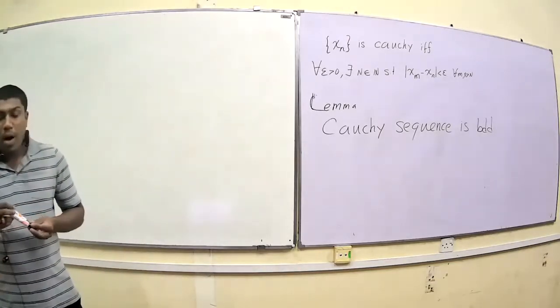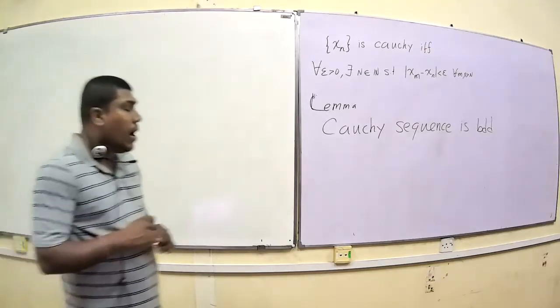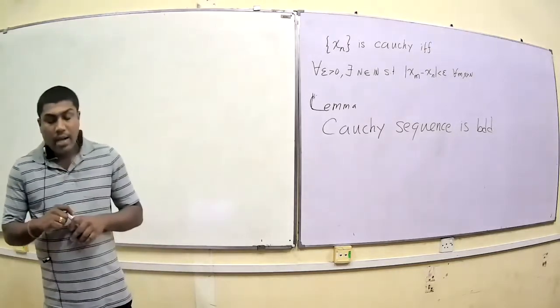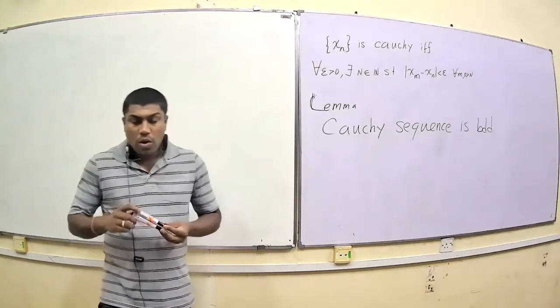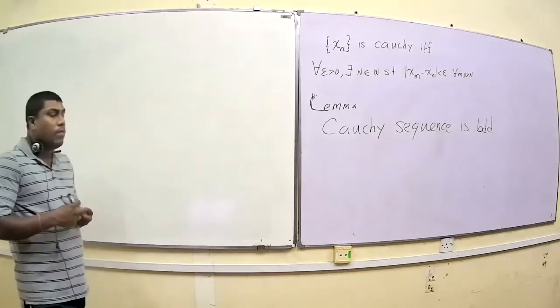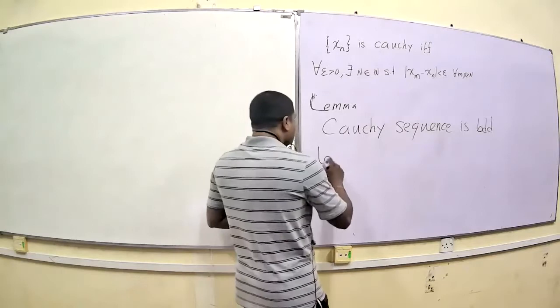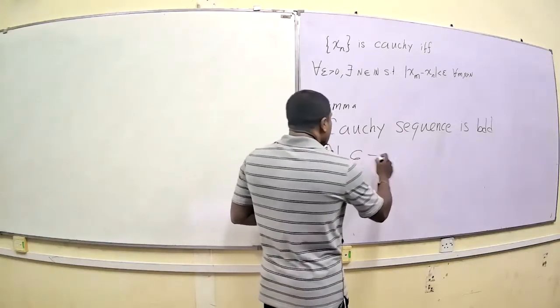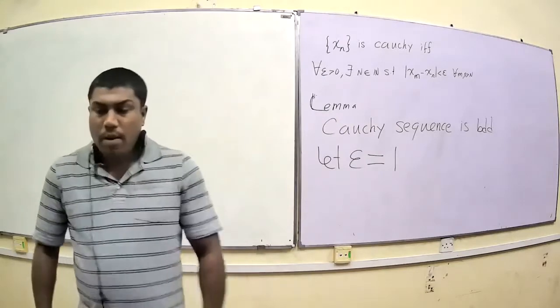Now we have to show that xn is bounded. So you want to show the absolute value of xn is less than some capital M for all n. That is what we want to show. What we will do is first fix the epsilon. Let epsilon be equal to 1, because epsilon can be any positive number.